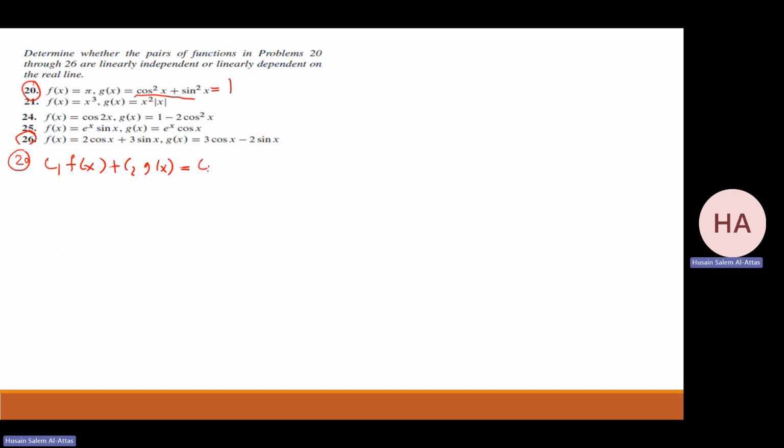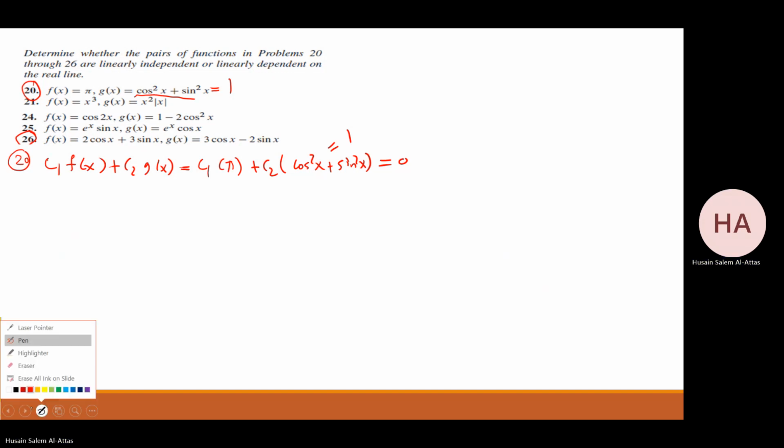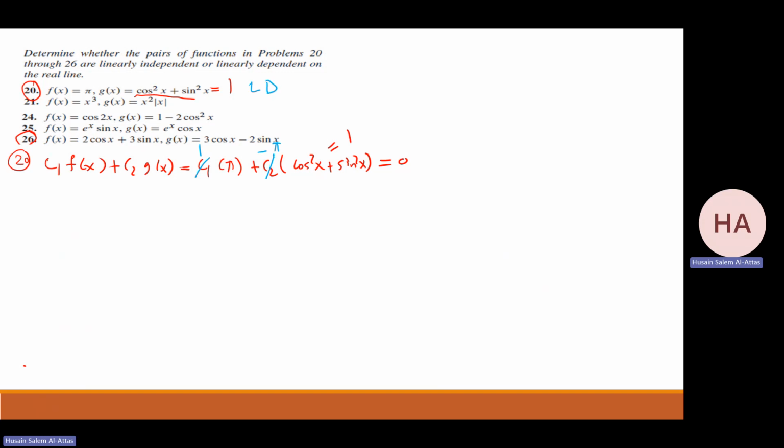So I have C1 times pi plus C2 equal to 0. Let me choose this to be minus pi, and this is 1. So I have pi minus pi is equal to 0. So they are linearly dependent.